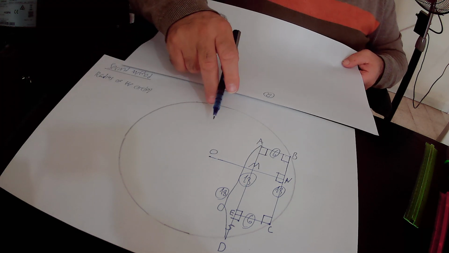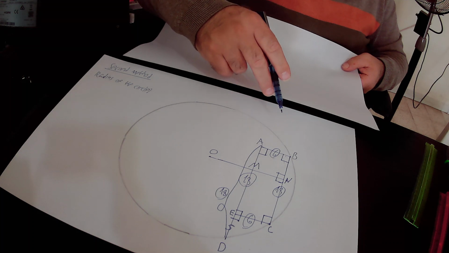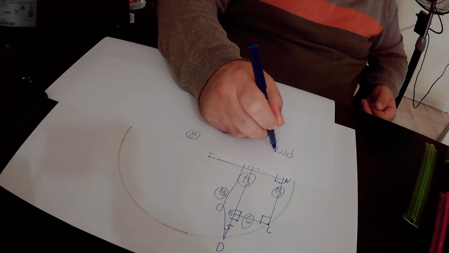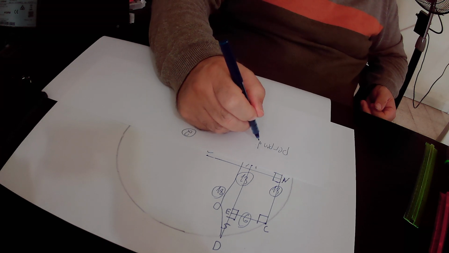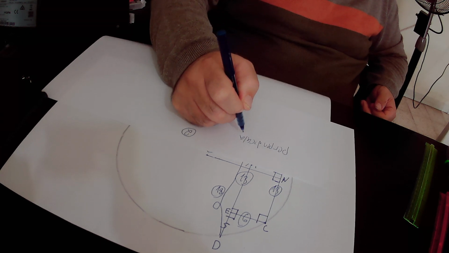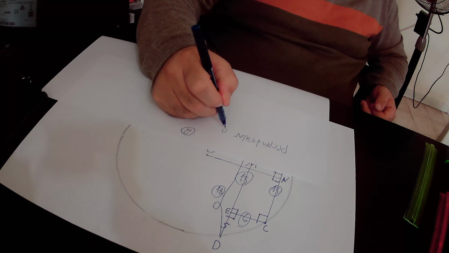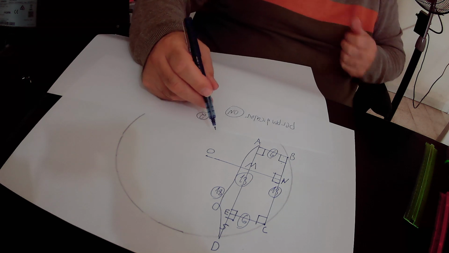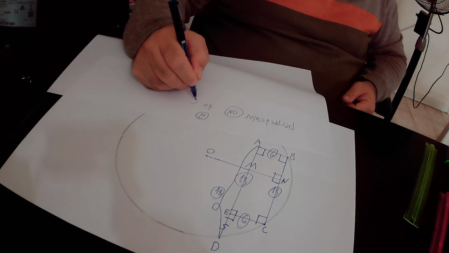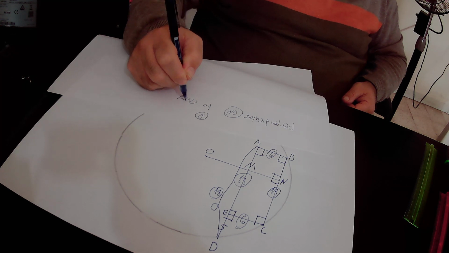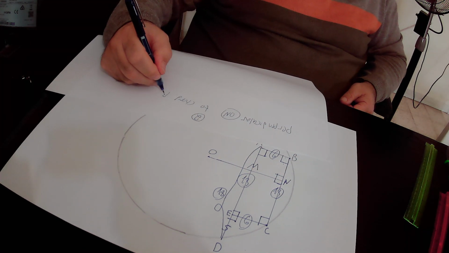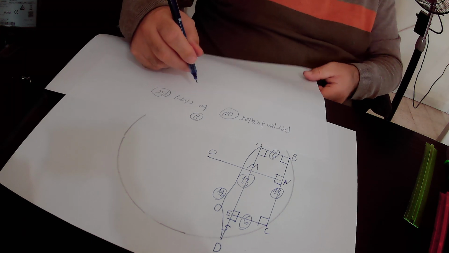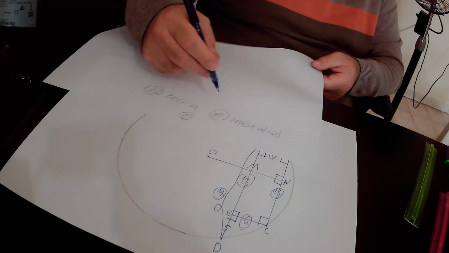In our original drawing, we have perpendicular ON to chord BC. And perpendicular ON is of course from the center of the circle, from point O to chord BC. According to rule number 2, the perpendicular ON to chord BC bisects chord BC.